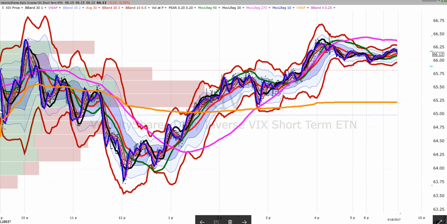Kind of typical movement for XIV, and what we want to do is notice various characteristics of movement that are based on these statistical measures. So this is how we would mark this up as we're evaluating opportunities and learning to understand how our trade target operates.